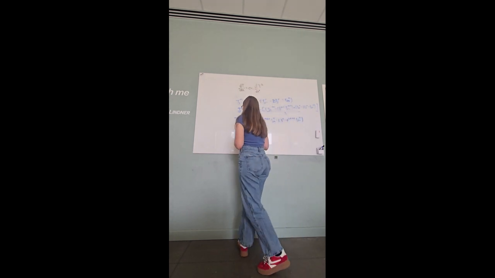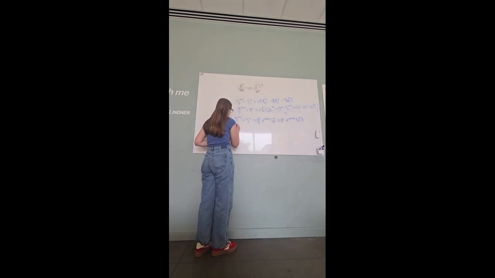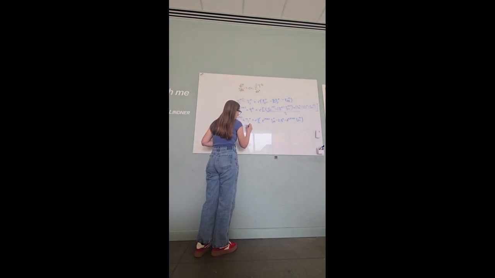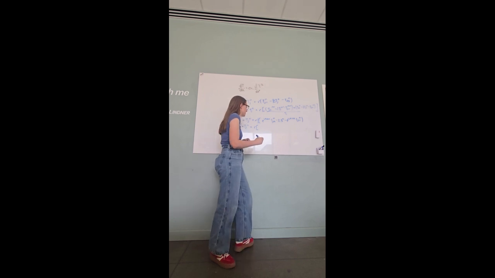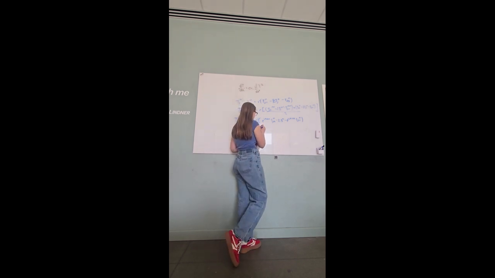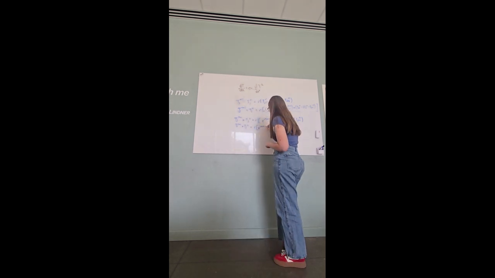So to change this, we are going to use T_j^(n+1) equals T_j^n plus R, and then we are going to have our 2 time steps. So it's going to be e to the ik delta x, and then T_(j+1)^(n+1).